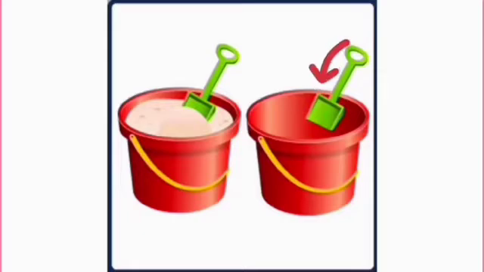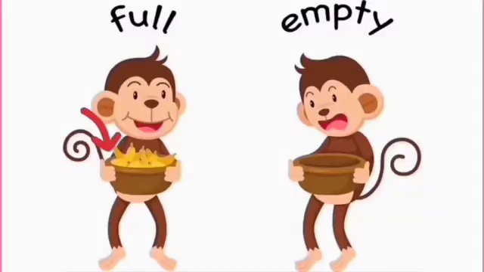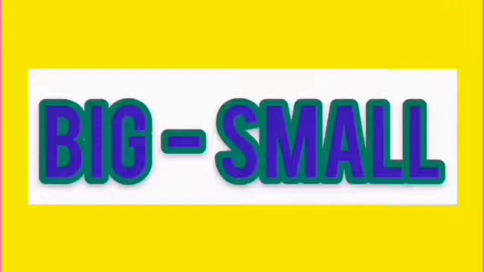This is an empty bucket. This glass contains nothing in it, so it is an empty glass, and this is full. This basket contains bananas in it, so it is full, and this is empty.